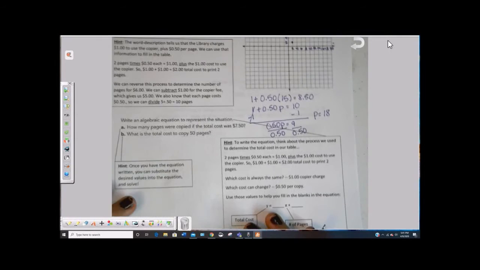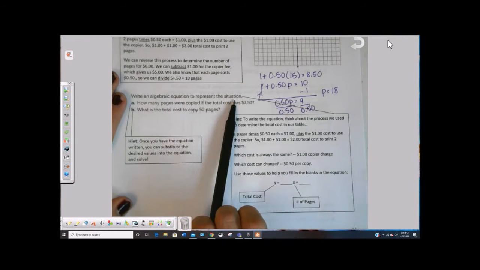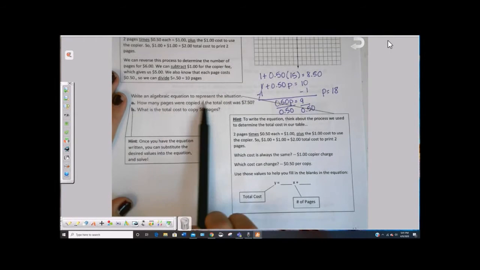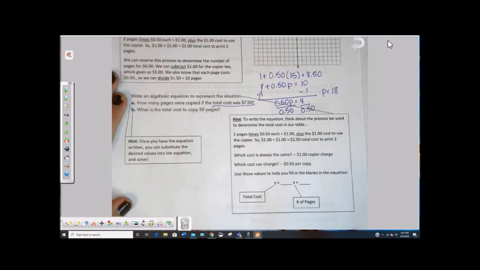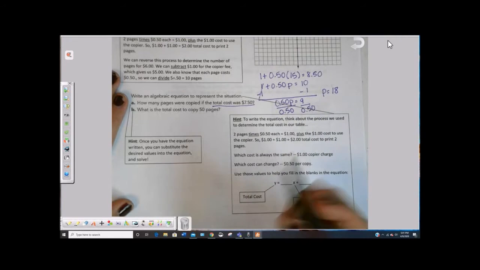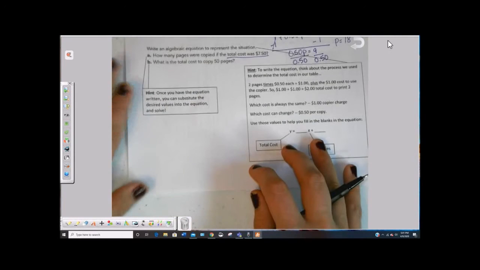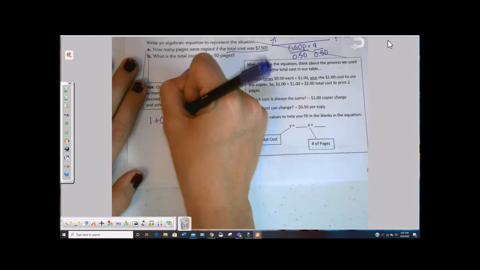Now we have to answer A and B. A and B is kind of hidden, but we have to answer these. It says write an algebraic expression, which we did. How many pages were copied if the total cost was $7.50? We have our dollar amount and need to find our pages amount. That's like what we did for the second part here. So we have 1 plus 50 cents P equals $7.50.